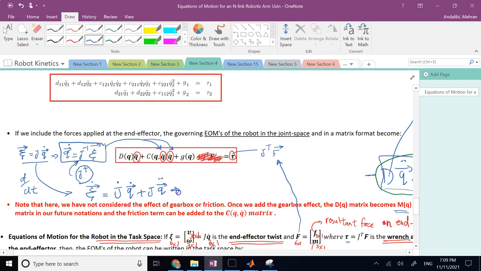And then from here, your q double dot is going to be xi dot, and then you take this J dot q dot to the other side, and multiply both sides by J inverse, or if it's not square, by J pseudo inverse, to get your q double dot term. And so now this relation is going to go here.